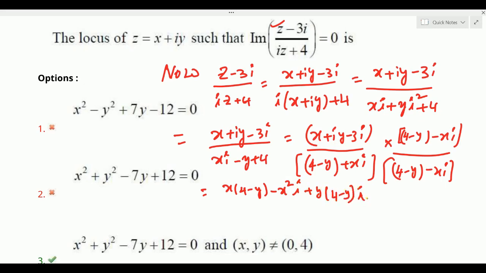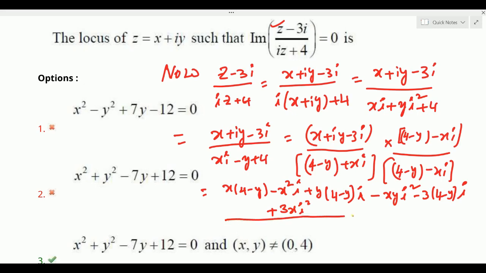Again, with iy with minus xi, minus xy i square. Then with minus 3i, minus 3 into 4 minus y into i. Next, minus into minus plus 3x i square.